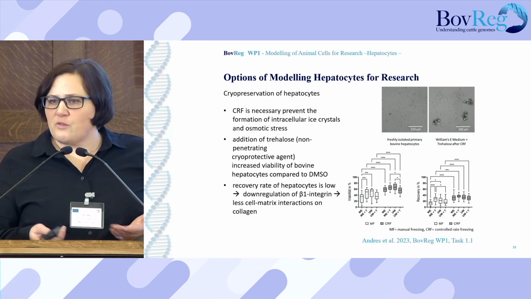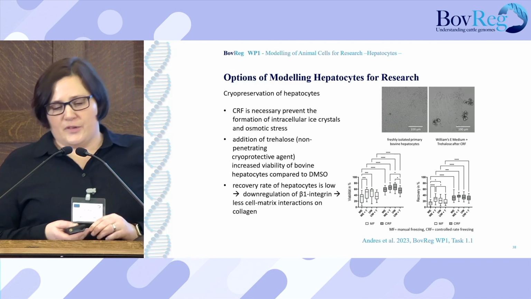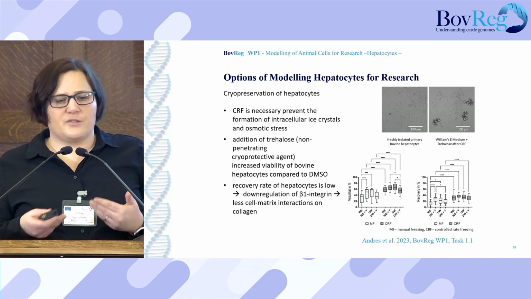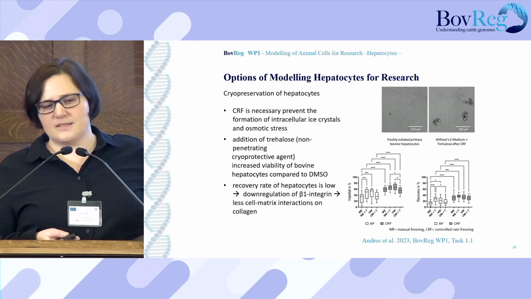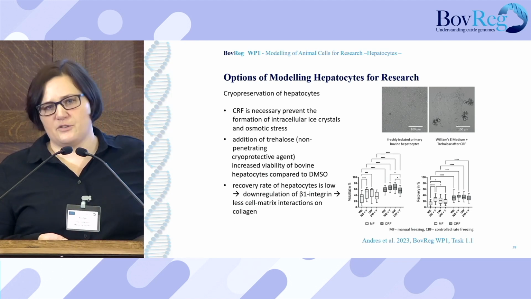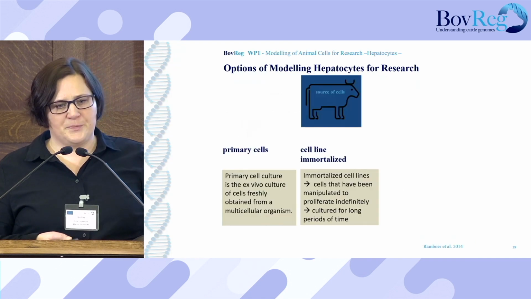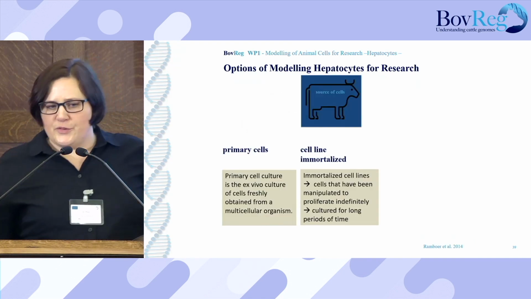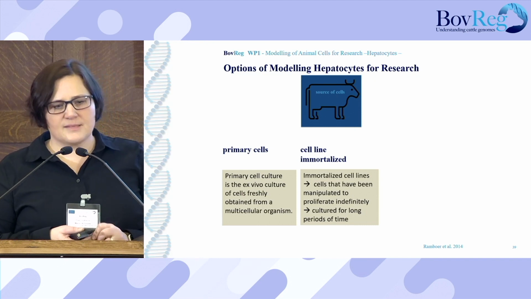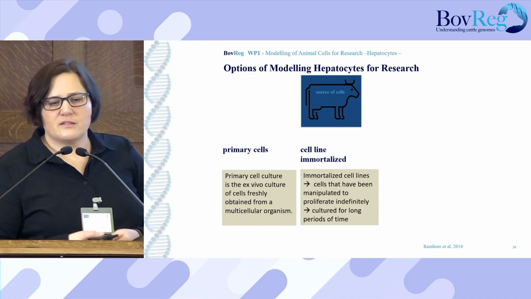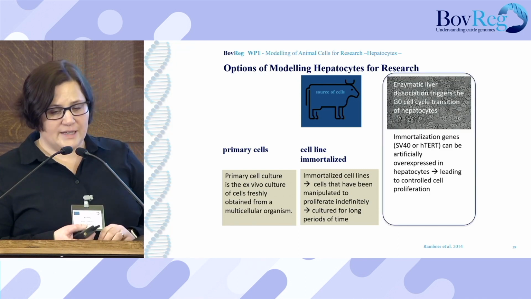However, the recovery rate of hepatocytes is low after the freezing process because, due to the freezing process, there is downregulation of beta-integrin, and then we have less cell-cell contact or contact to the matrix in these cells once they have been frozen. Then, of course, you heard already, we have the option to immortalize cells so that they are manipulated and maybe cultured for longer periods of time.